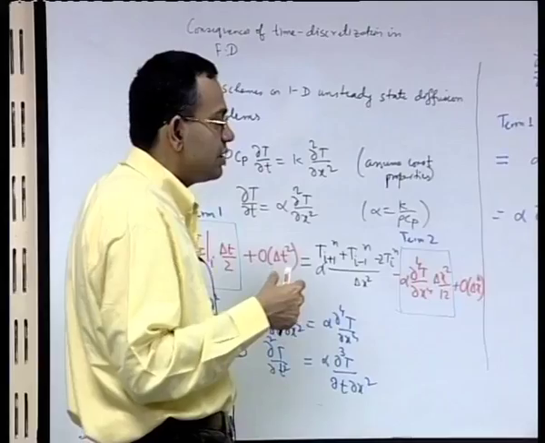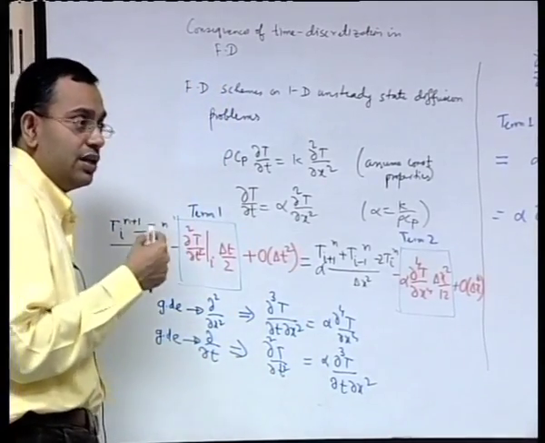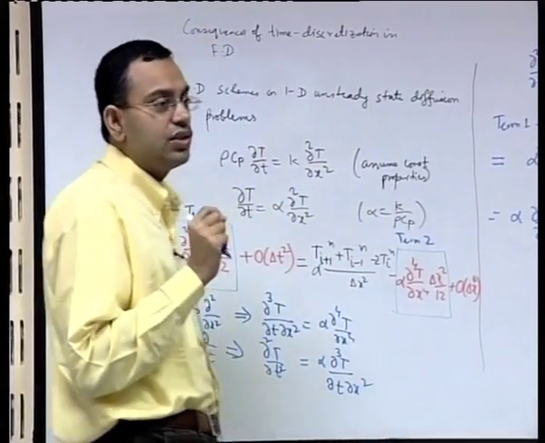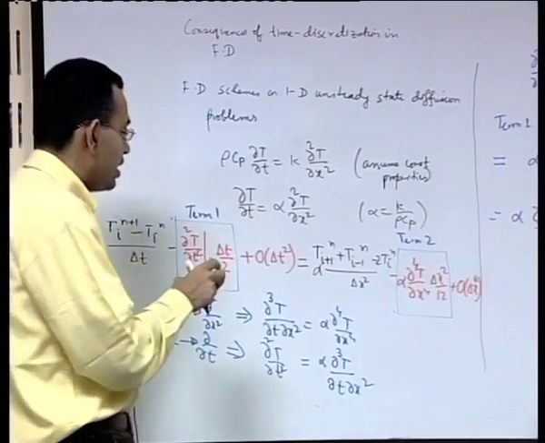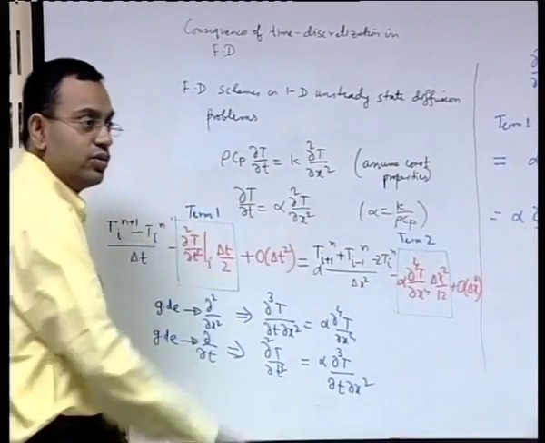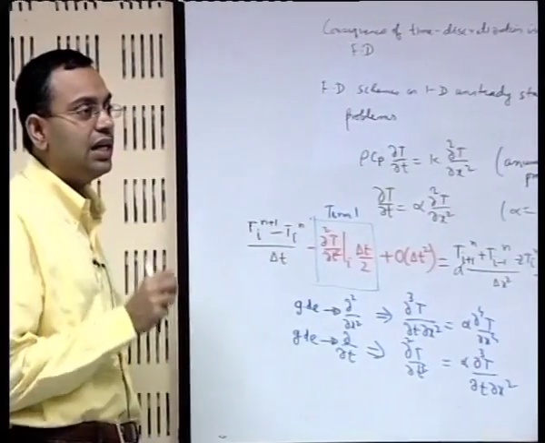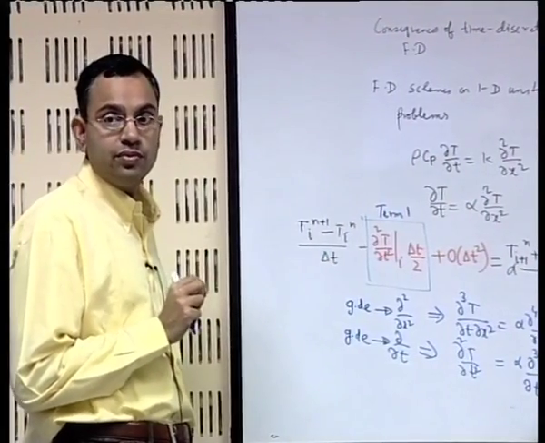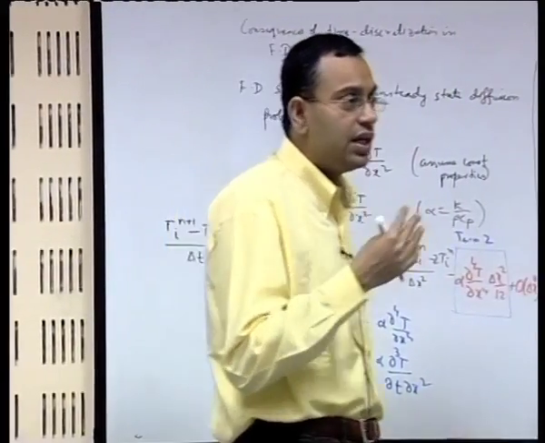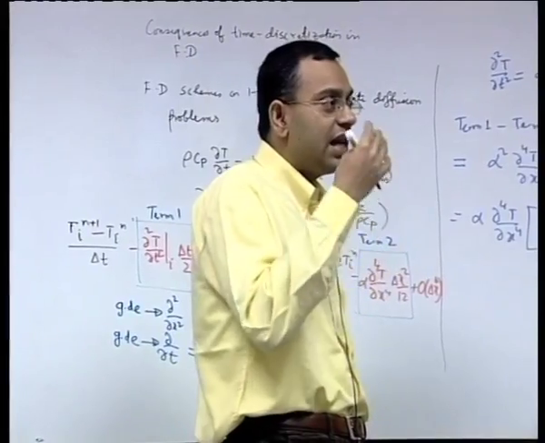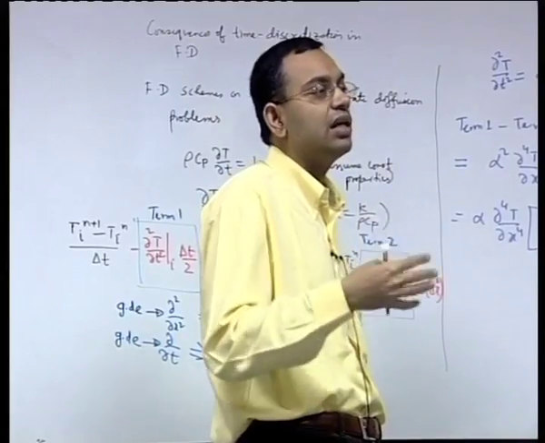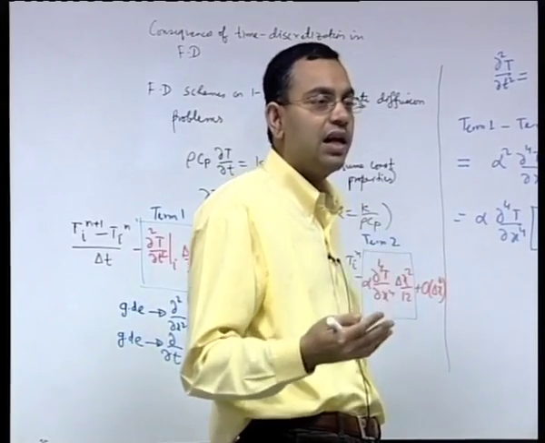We say that it is consistent when, in the limit as delta t and delta x tend to 0, the truncation error tends to 0. So, what is the truncation error? The truncation error is represented by the red colored terms which are there on the two sides. So, if you make delta t and delta x tend to 0, then obviously they will in the limit tend to 0. So, an expression which has directly been derived from the Taylor series automatically ensures that the truncation error becomes 0 as delta t and delta x tend to 0.